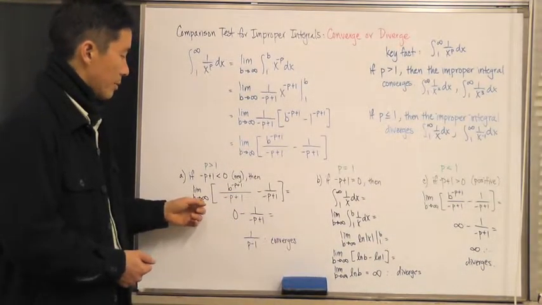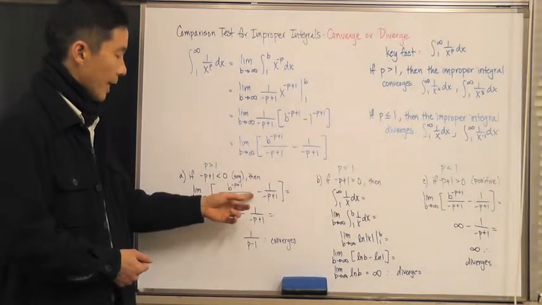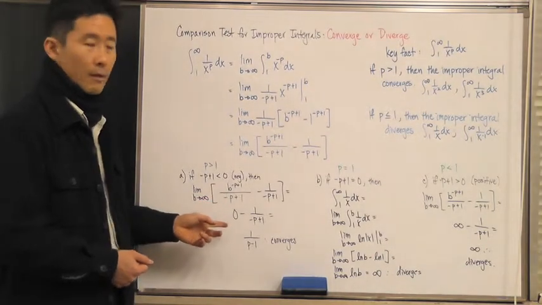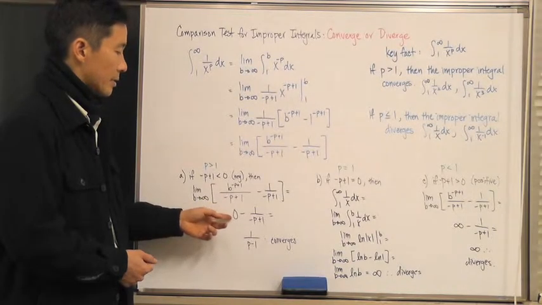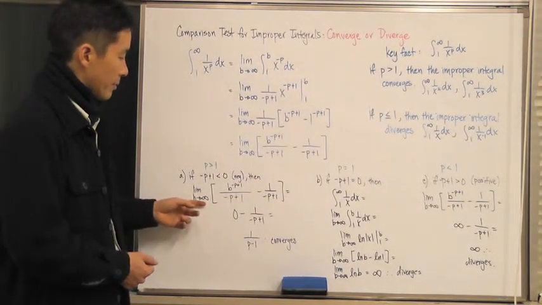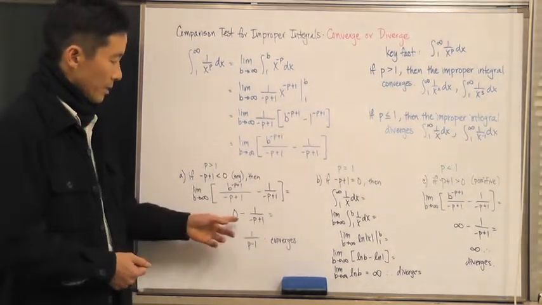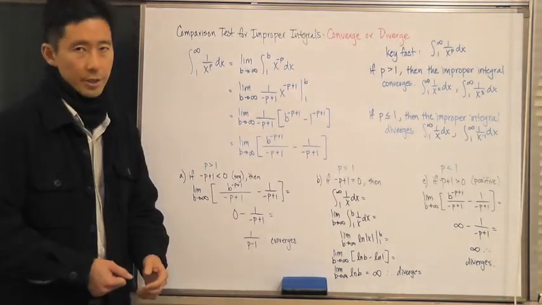And being that b is approaching infinity, b to that positive exponent in the denominator is going to make this go to 0, because you're going to have a constant over infinity. And of course the other term has no relationship to the limit as b approaches infinity because there's no b there. So what I come out with is just 1 over p minus 1, and therefore it converges.